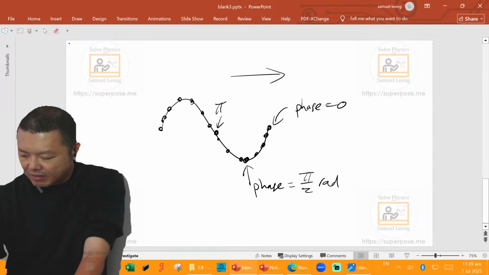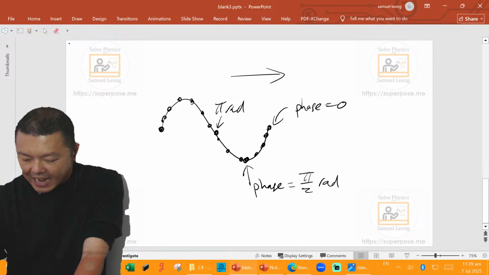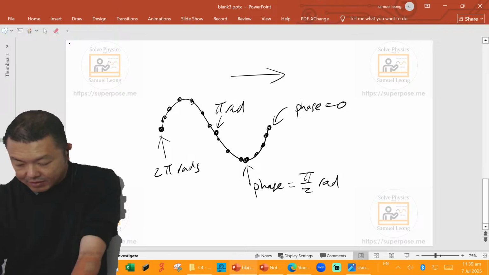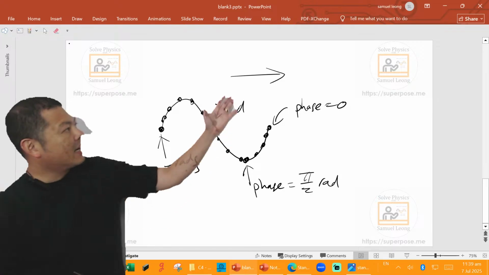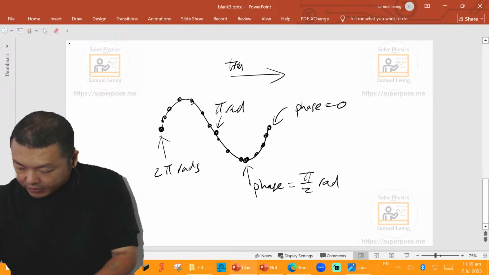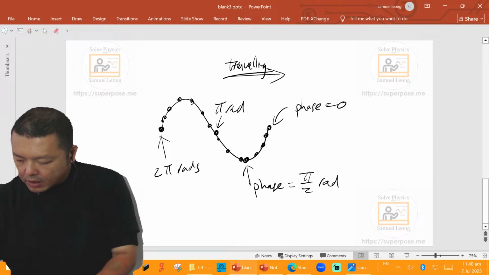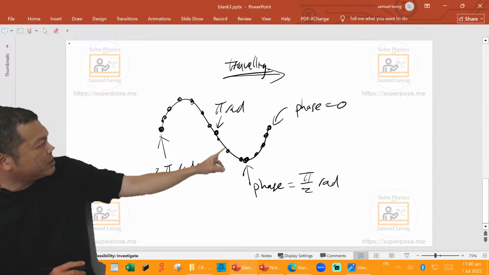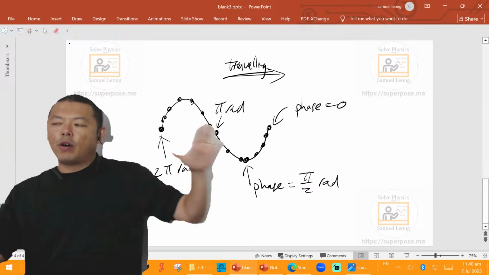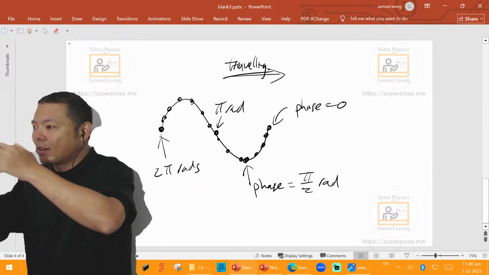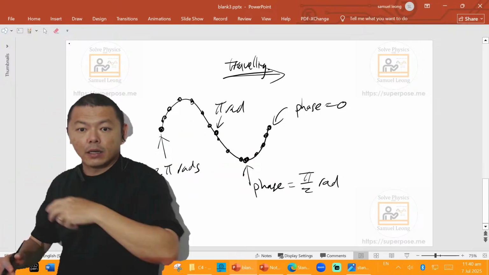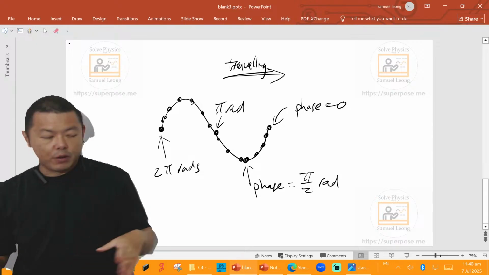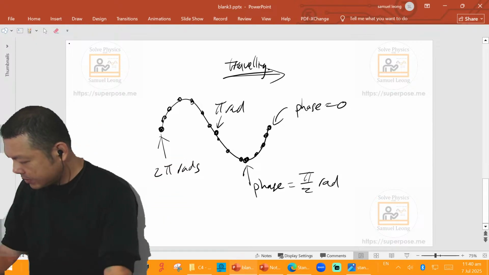Pi radians. How about the particle at the end there? 2 pi radians. So in a traveling wave, all the particles have a different phase, starting from the first particle all the way to the back. They all have different phases, one complete range, 0 to 2 pi. But for standing waves, okay, you all want to copy this down first.